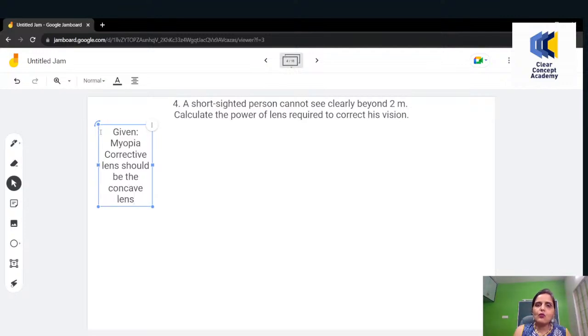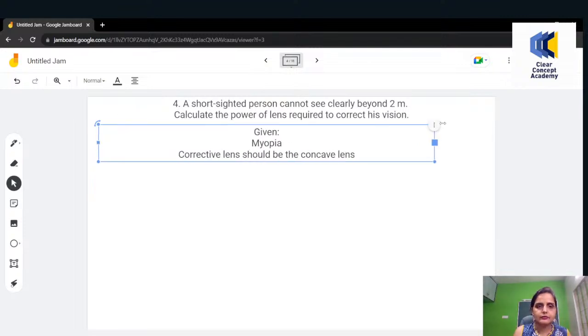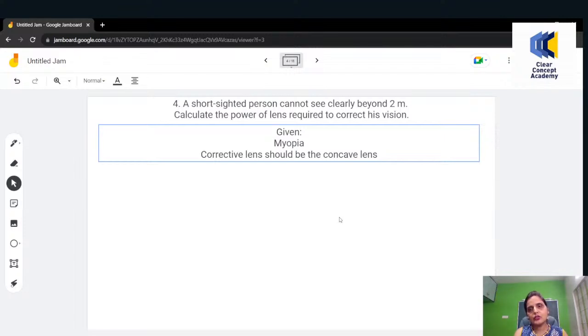Now what is the meaning of this particular information that they have given us? They have told us that the person cannot clearly see beyond 2 meters. So here they have given us information about the shifted far point of the person. What is the original far point of the healthy eye? It is infinity.